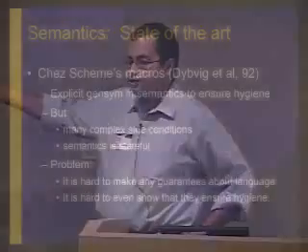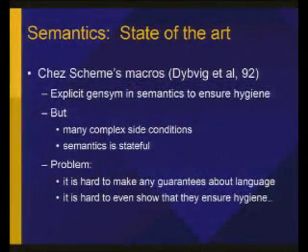So if I want guarantees, if I want to know exactly ahead of time, with a clear specification of what the macro system will be doing, this is really a question of semantics. So how do we define the semantics of macros?